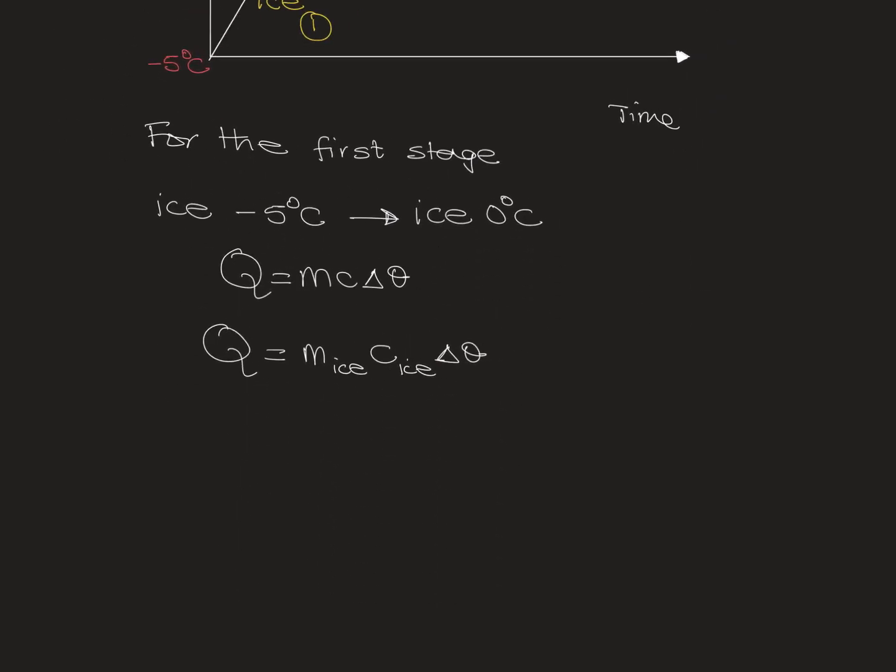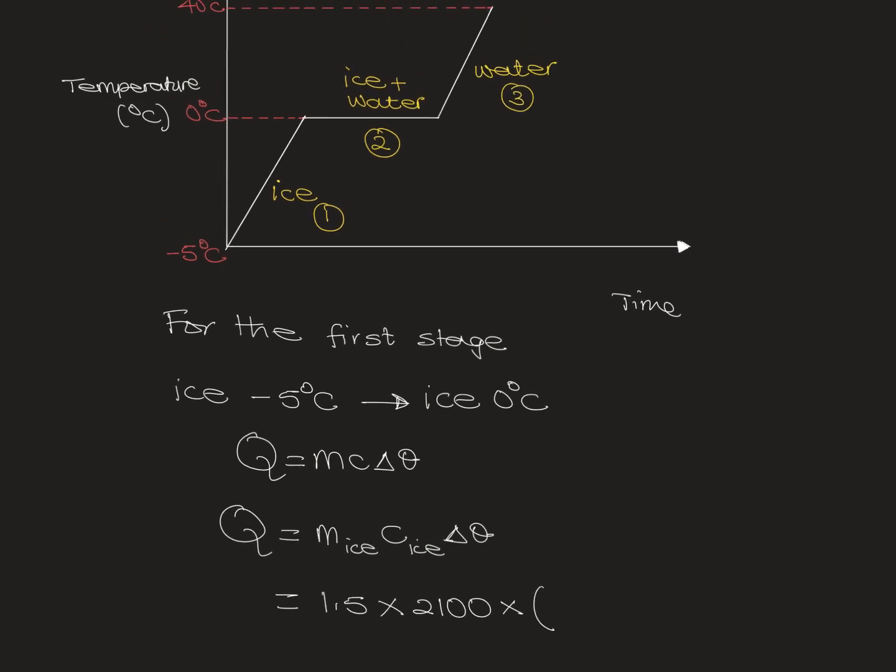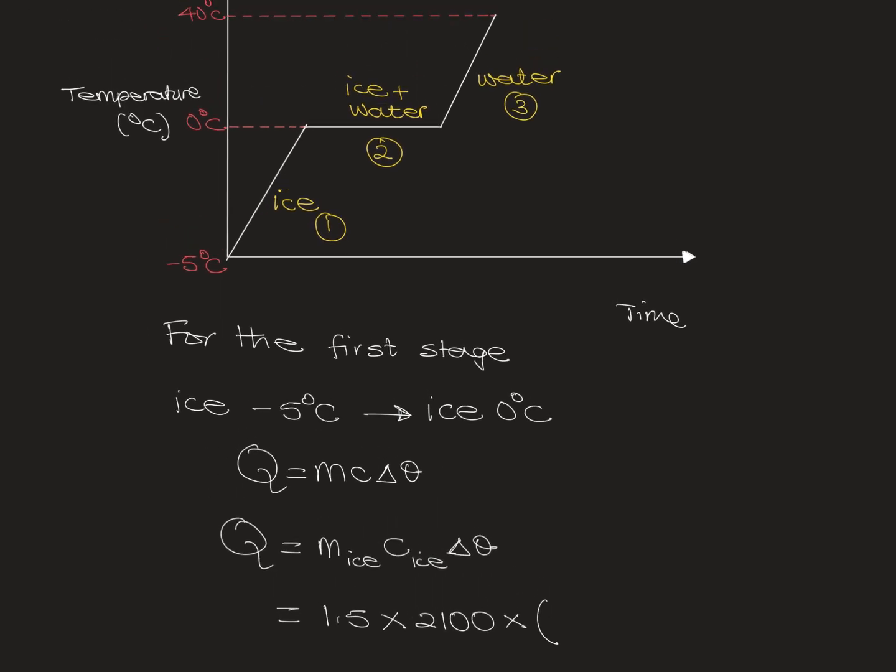Okay, moving on. The mass of the ice is 1.5 kilograms times the specific heat capacity of the ice is 2100 joules per kilogram per Kelvin, multiplied by the change in temperature will be theta 2 minus theta 1. If you analyze the diagram, the change in temperature will be the transition from minus 5 to 0 degrees Celsius.